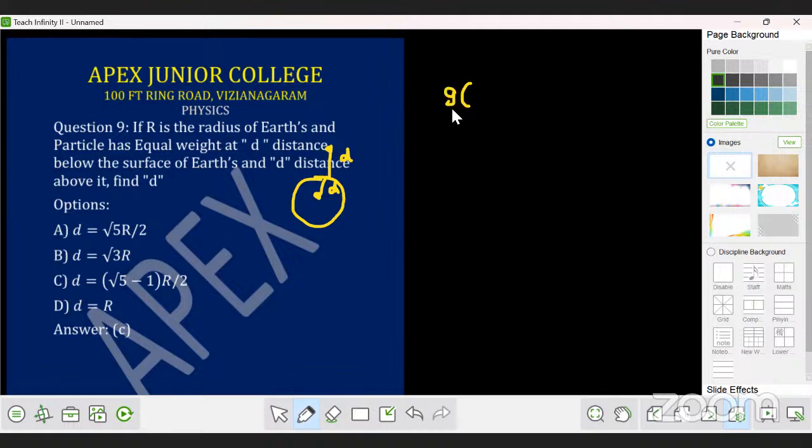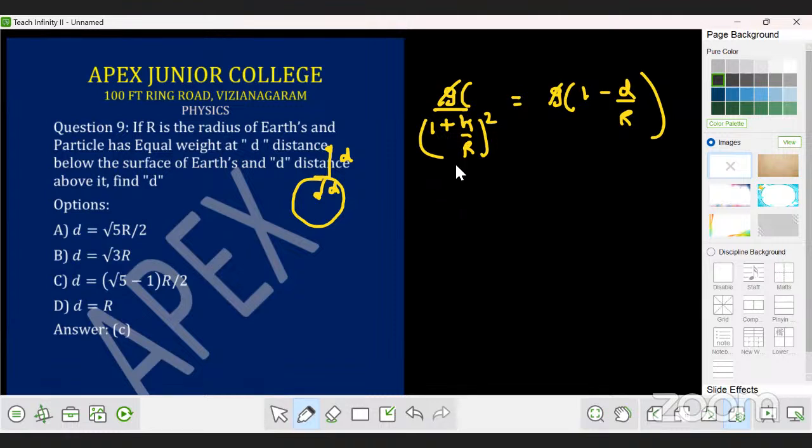That is g into, of course, g by the original formula without taking any approximation. G by 1 plus h by r whole square equal to. How does g vary with the depth? G into 1 minus d by r. But of course, here height and here depth both are same only, no? h and d both are same only. So that you can cancel here the g values.